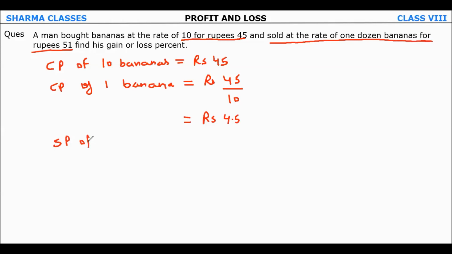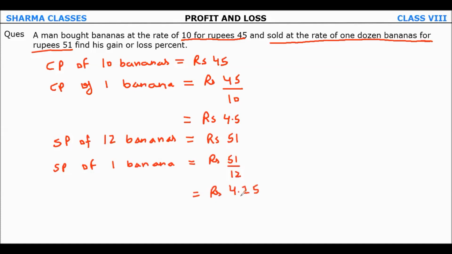And I hope everyone knows how much banana is there in 1 dozen. It is 12. So we can write SP of 12 bananas equals to rupees 51. So from here we can take out the value for SP of one banana. That will be rupees 51 by 12, which is rupees 4.25.